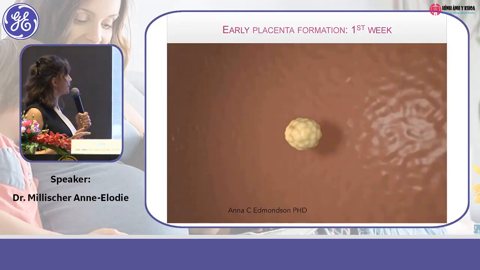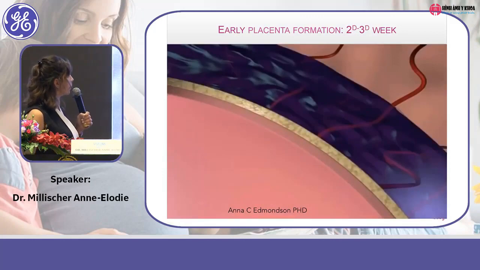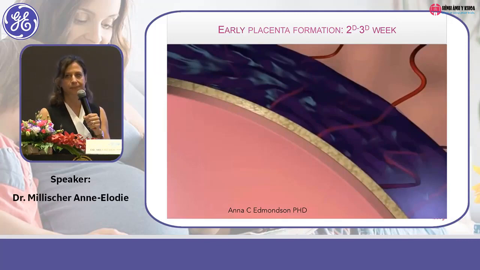When the blastocyst goes into the endometrium, there are two main layers, the syncytiotrophoblast and the cytotrophoblast. The syncytiotrophoblast erodes the vascular structures in order to constitute the venous lakes.